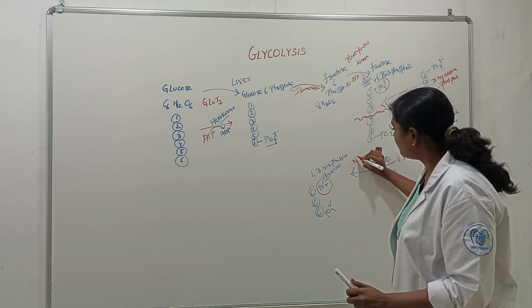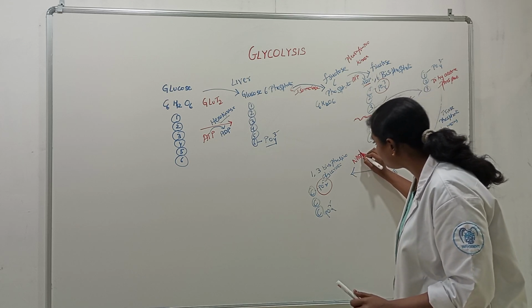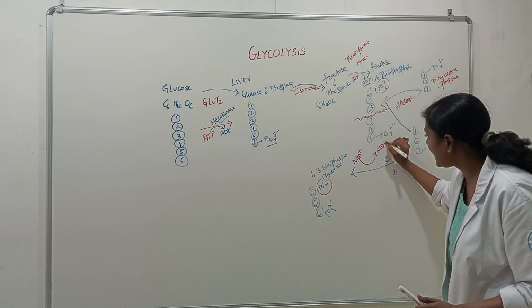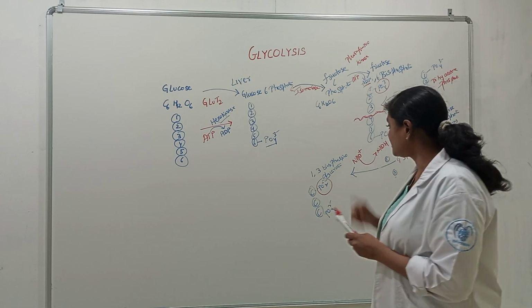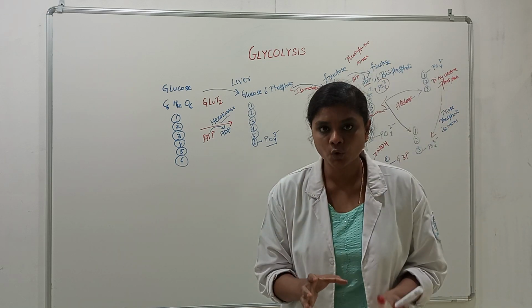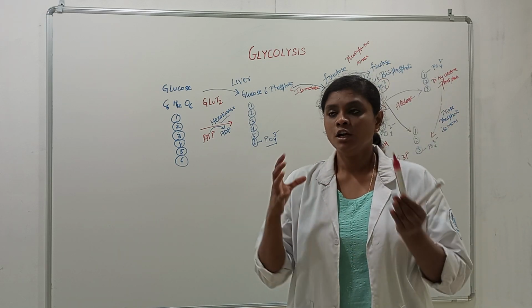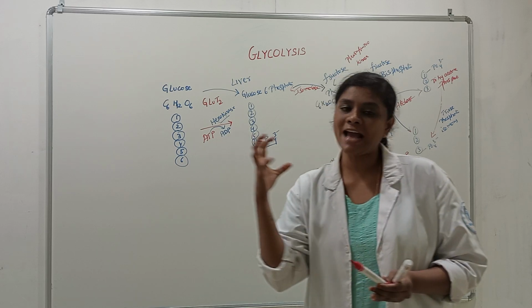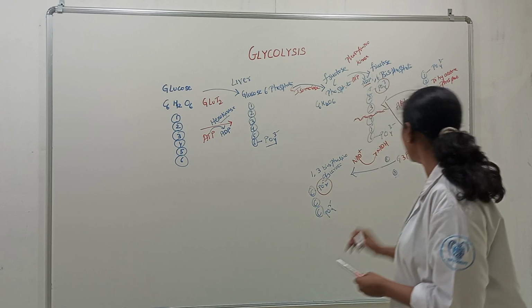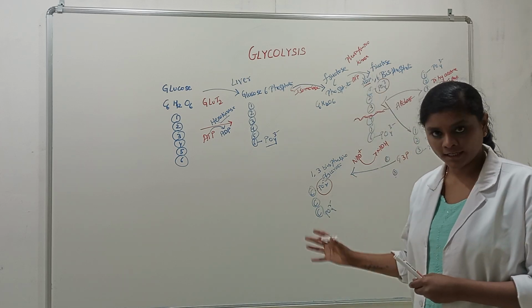That is the conversion of NAD plus into NADH. Now, what is this NAD plus? NAD plus is a molecule which has a lot of hunger to accept, to steal, to draw electrons from other molecules.